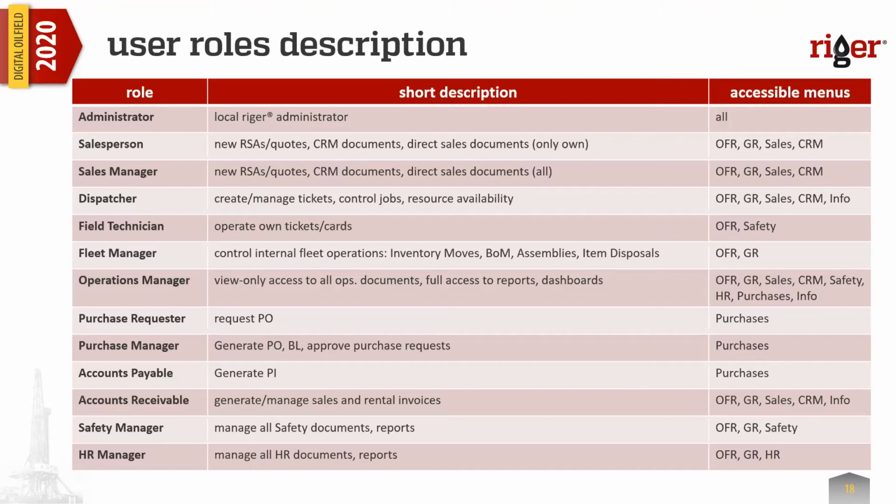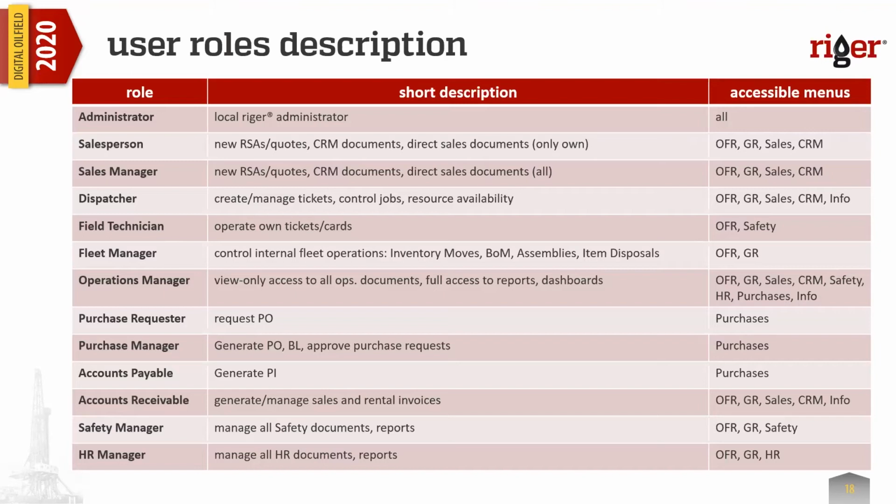Now, the purchase manager on the other side will be able to generate purchase orders, bills of lading, and obviously approve the purchase request generated by the requester. Accounting roles will be dealing with invoicing, generating purchase invoices, generating rental, sales, etc. invoices, and will have access, as I have already stated, to all the documents that are in the process of generating those invoices.